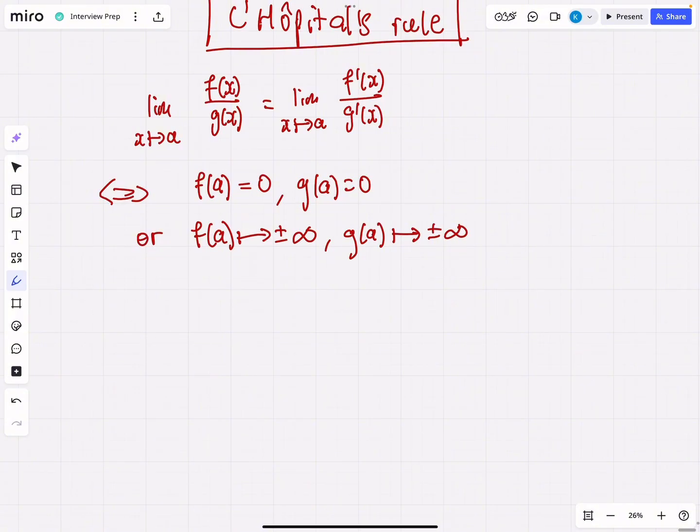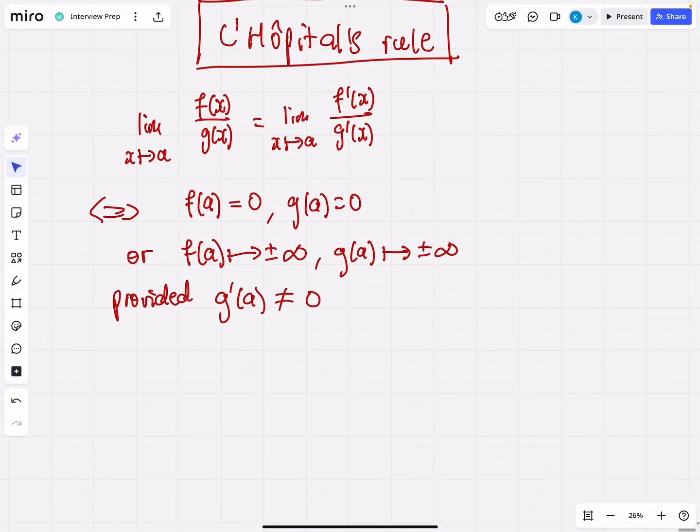And also provided g prime of a does not equal 0. And if it does, you can keep on repeating it and repeating it until it does not equal 0. Yeah.